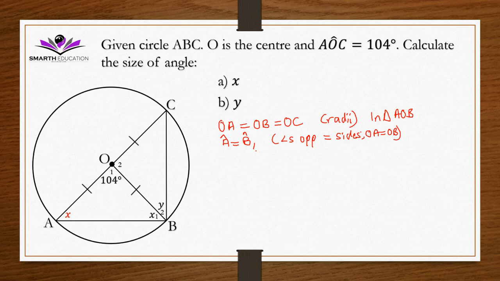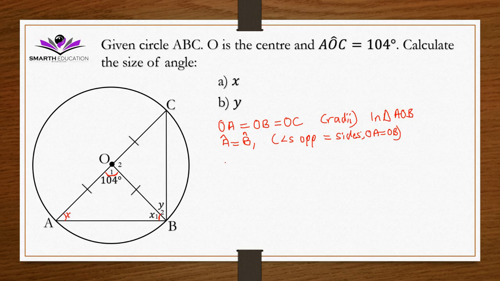So now we can say, if I check this angle A, then angle B1, and then angle O1, if we add them, they must give us 180 degrees because these are interior angles of a triangle.